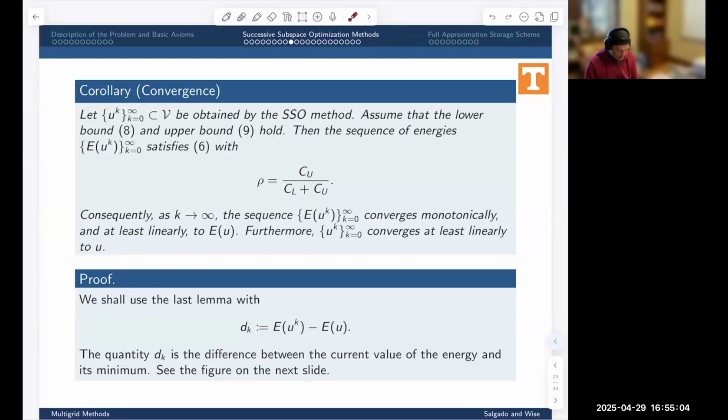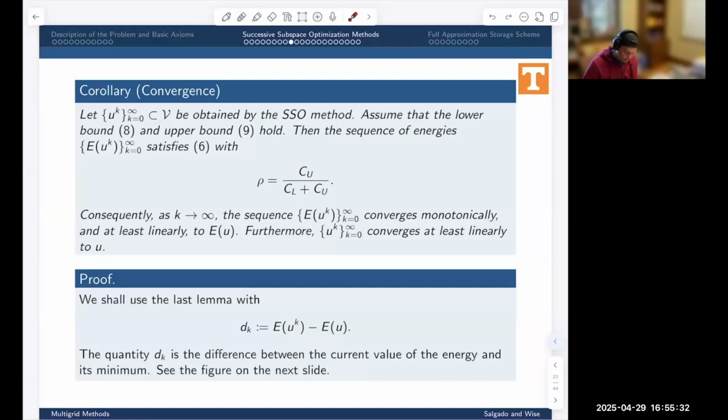All right, so how are we going to do this? Well, the key is to get the right definition of the d_k sequence. The right definition is d_k equals E(u_k) minus E(u). The first thing to say is that d_k should be a sequence of non-negative numbers.